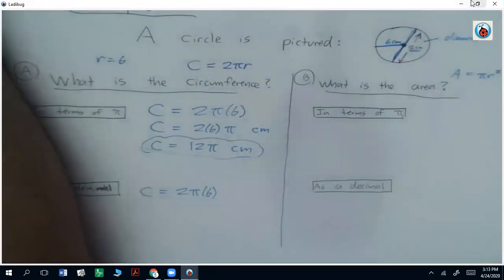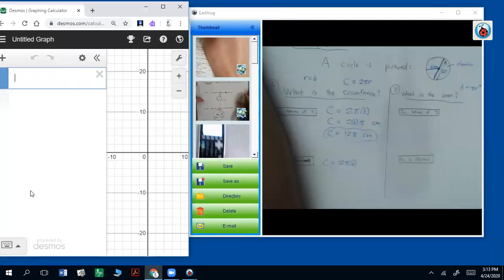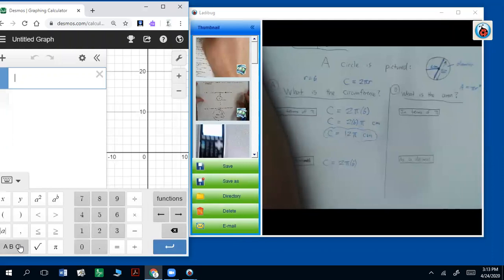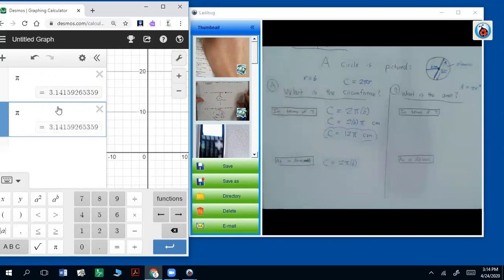If you're using Desmos, you have a couple ways to get pi. You can pull up the calculator at the bottom, and you'll see it right there. And you see it gives you 3.14159. Also, we can type the letters pi, and that'll translate to pi as well.